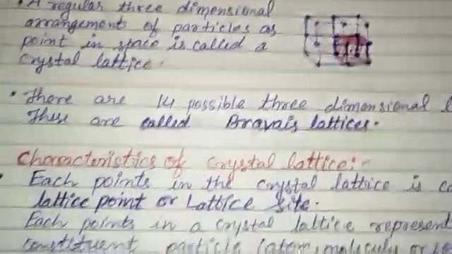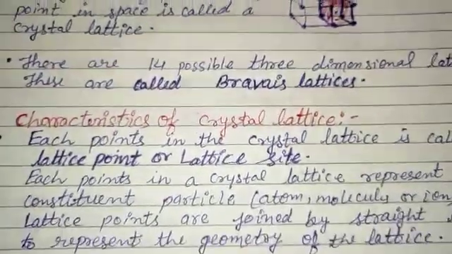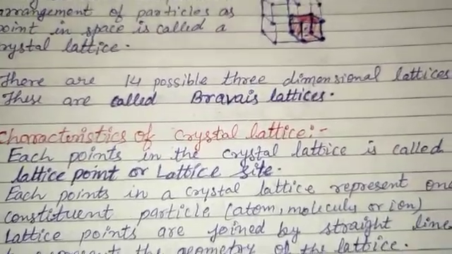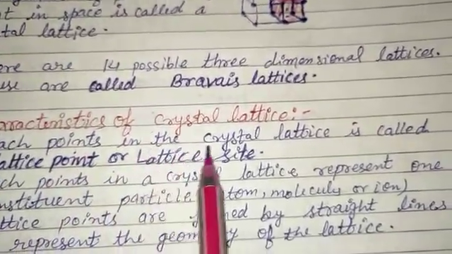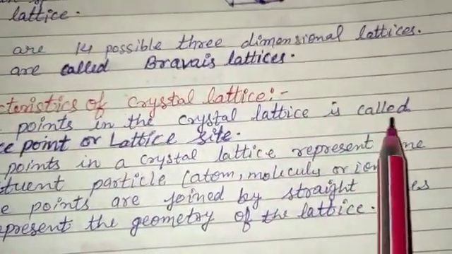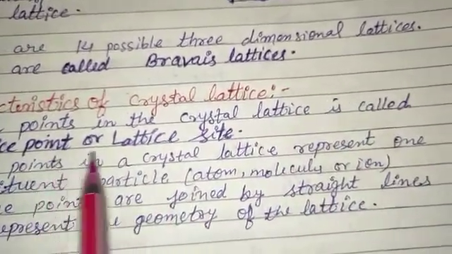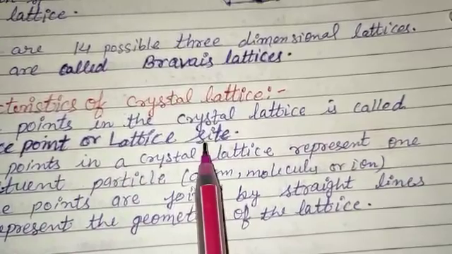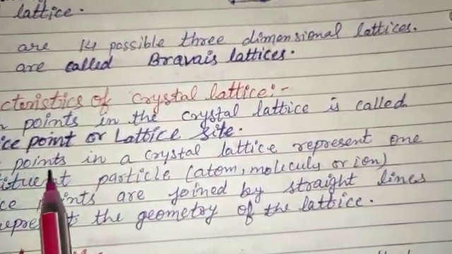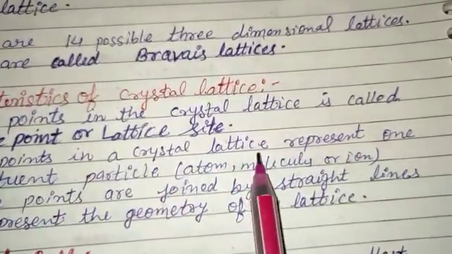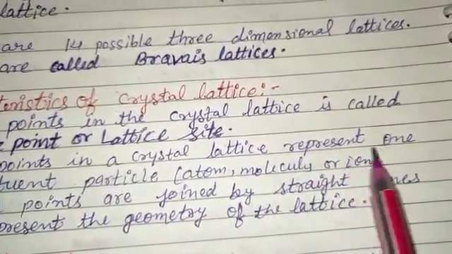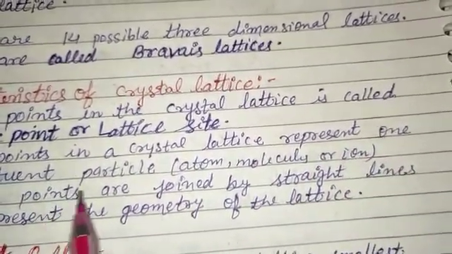See the characteristics of the crystal lattice. Dear students, each point in the crystal lattice is called a lattice point or lattice site. Each lattice point represents one constituent particle.